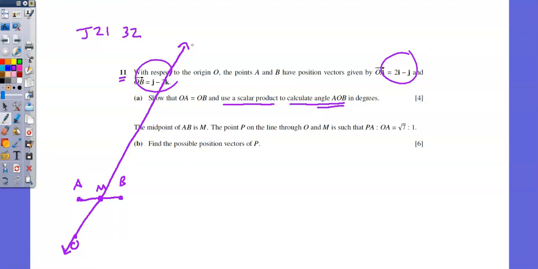So the point P on that line is such that PA to OA is root 7 to 1. Find the possible position vectors of P. So what's likely here is that we'll have some P that's between O and M and some P that's beyond O and M.